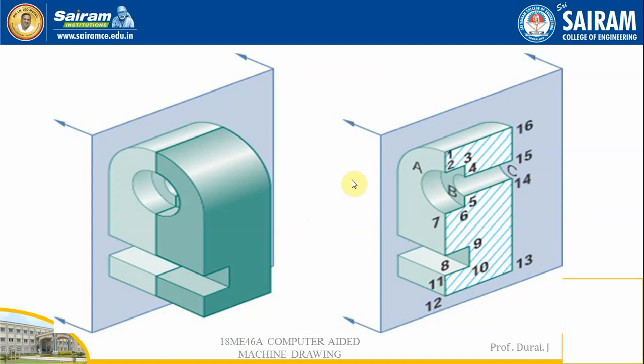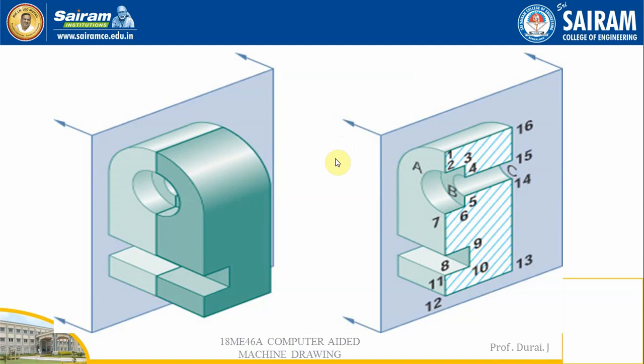Okay, so this is about the orthographic sectional view. And also one more point we have to remember: if the section plane is either vertical or horizontal, only one view we get as a sectional view. Suppose the section plane is an inclined one, two views we get as sectional views. Either top and side view, or front and top view, or front and side views.